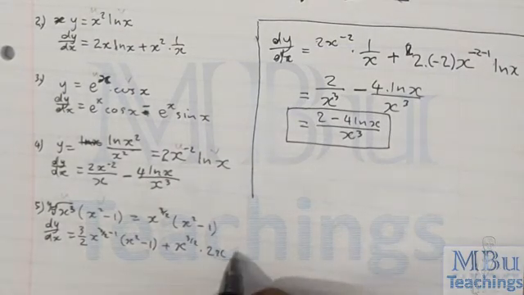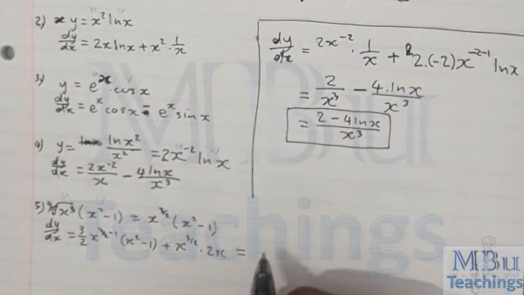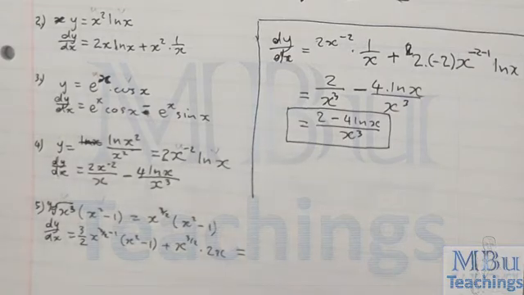Then you can rewrite it if you want, or you can just leave it where it is. You don't have to rewrite it, because the concept is what we are mostly focusing on at the moment. So we have 2 times -1, which will be -2. 3 minus 2, that will give us 1. 1 over 2, it's a half.